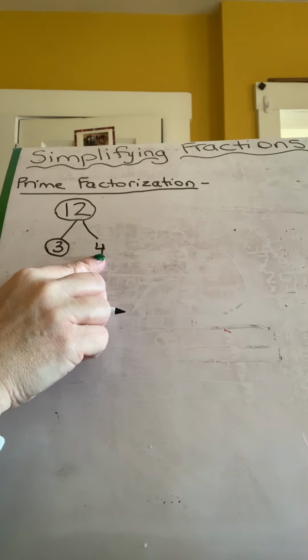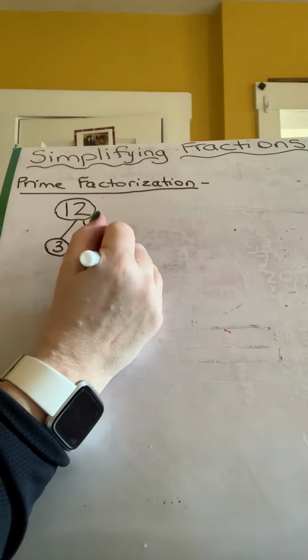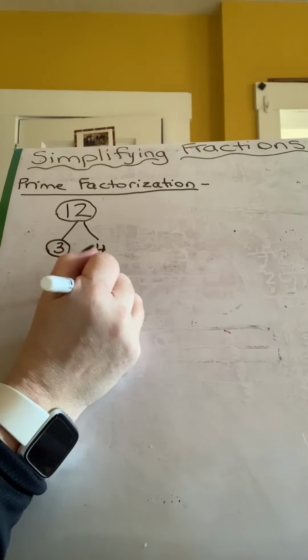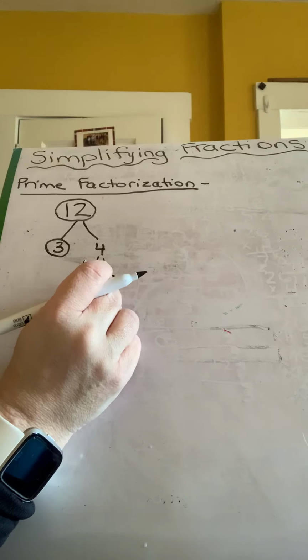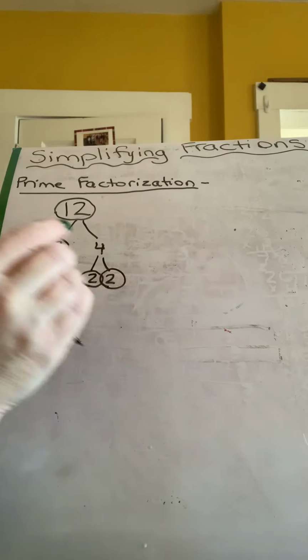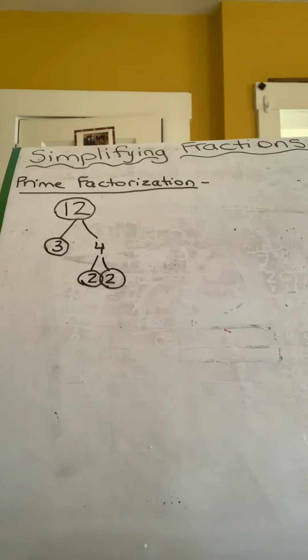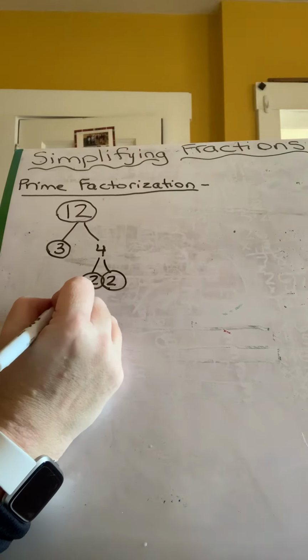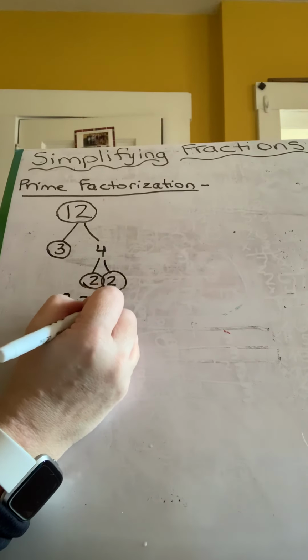No, because what equals 4? Right, 2 times 2. Is 2 prime? Yep, grow an apple. Is 2 prime still? Yep, grow an apple. So now at the end of all of our strands, or our branches, we have prime numbers. So the prime factorization for 12 is 3 times 2 times 2.